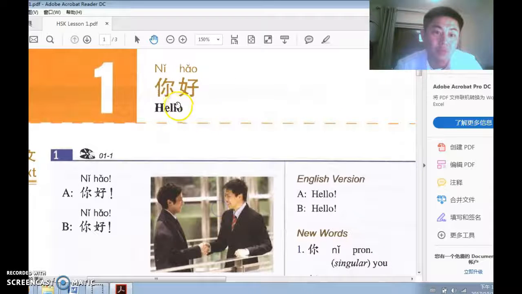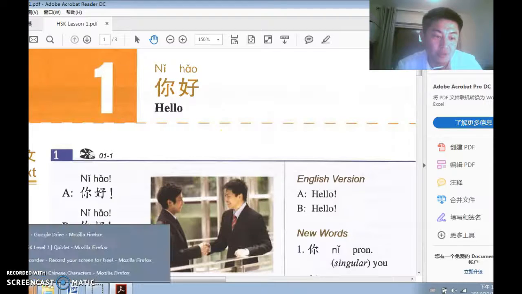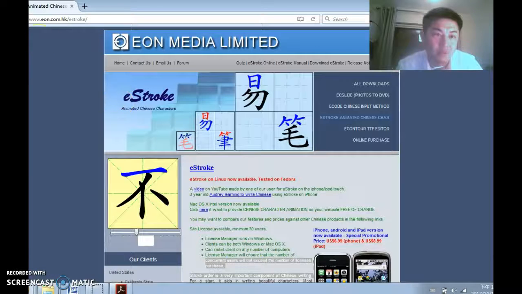I would like you to be able to write 你 and 好 with your hands. If you forgot the stroke orders or what the strokes are, you can always use this website. First of all, Google.